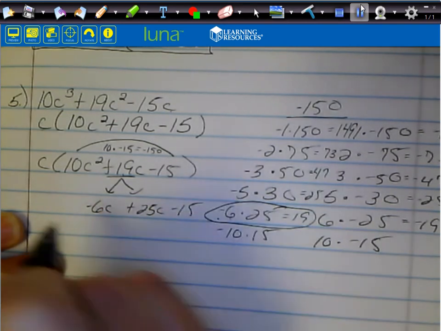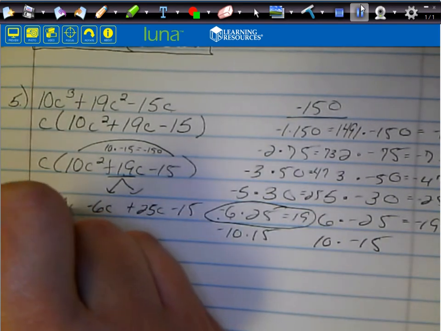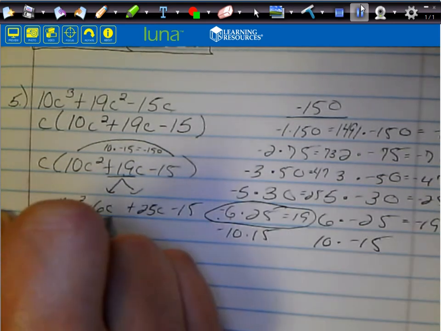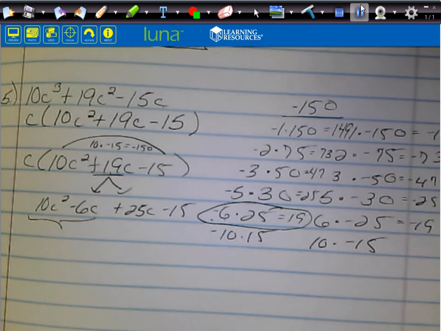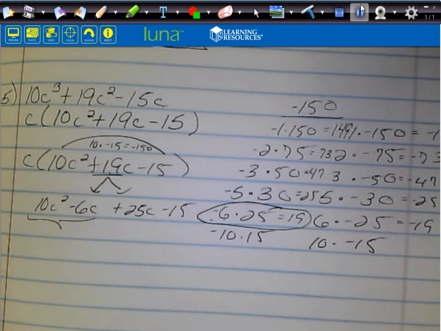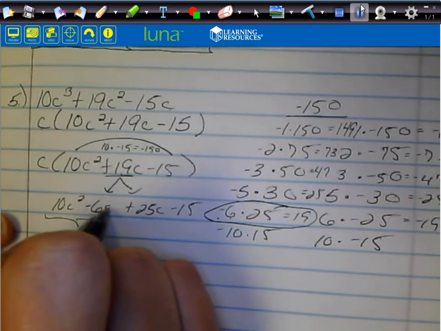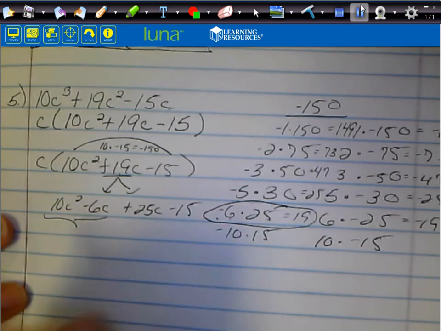Bring down my minus 15 and my 10c squared. So that I'm going to group these first two together. If I look at 10 and 6, then I'm going to say that I have a 2 in common, and I also have a c in common because they both have at least 1.